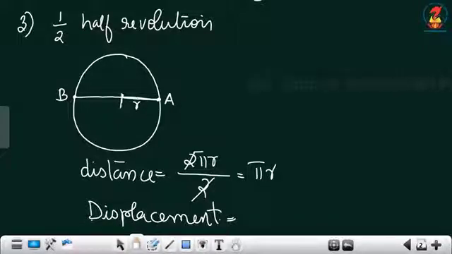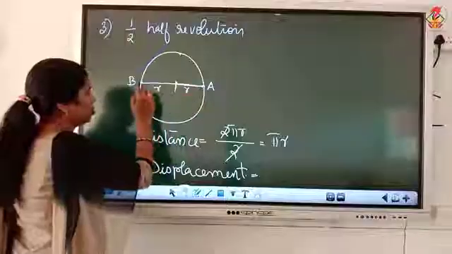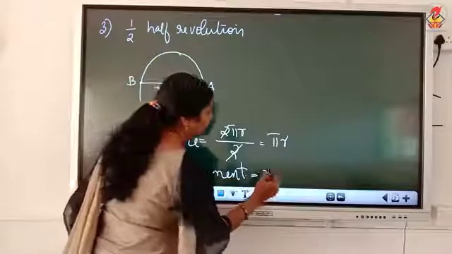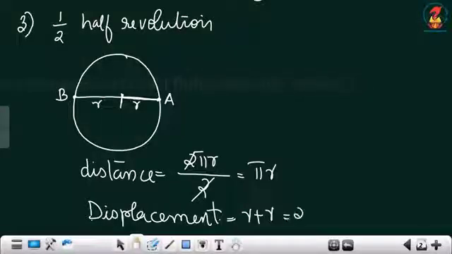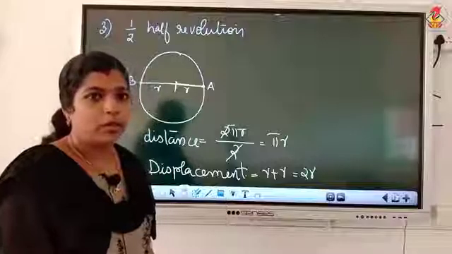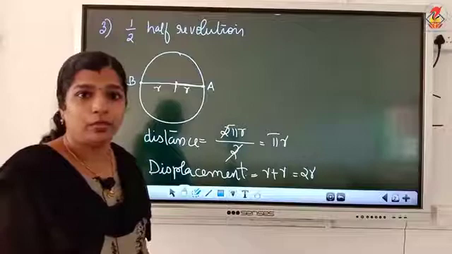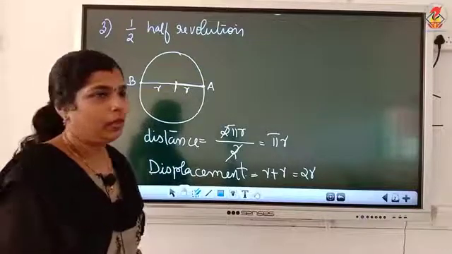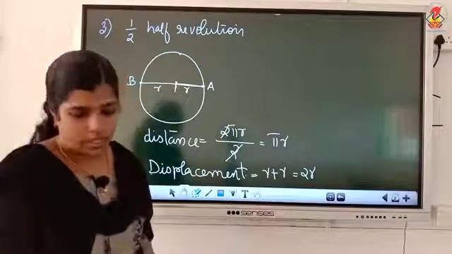Now, this much is R. This one is also R. So what is the straight line distance from A to B? R plus R, that is equal to 2R, which is equal to the diameter of the circle.